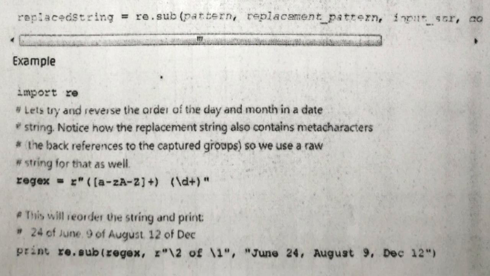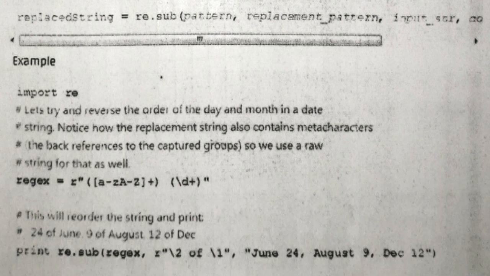The first round bracket in the pattern means group 1, and after that \d+ is again specified inside a round bracket. That is the second group. So A to Z has group number 1, and within a round bracket \d+ is the second group.